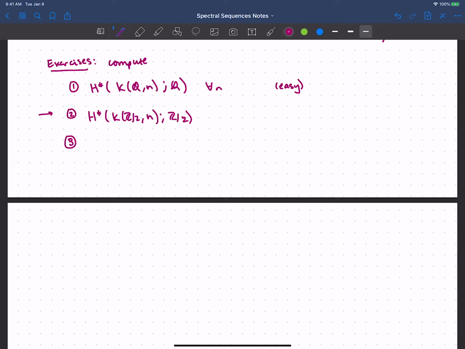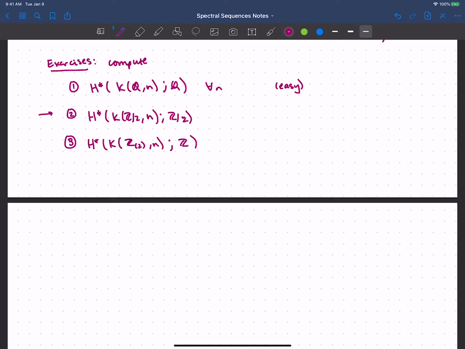If you get really into it and you're looking for a challenge, a fun one is to look at K(Z localized at 2, n) and compute cohomology in integral coefficients. This gets pretty hard at some point, but in the beginning it's on par with the previous computation, and I think it's a fun one. You get some other interesting stuff that doesn't show up in those first couple.